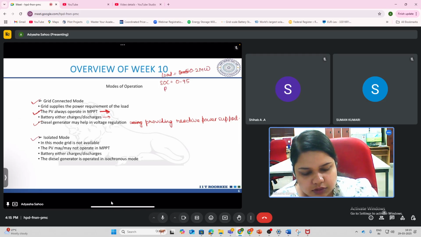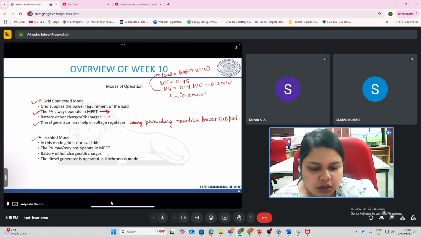We saw that the PV in MPPT gives 0.4 megawatt of power. This is an islanded condition, so the PV will provide power to the load. 0.2 megawatt is deducted and you are left with 0.2 megawatt of power.